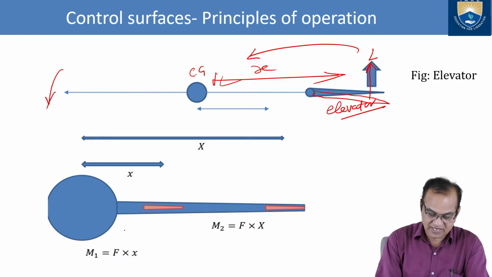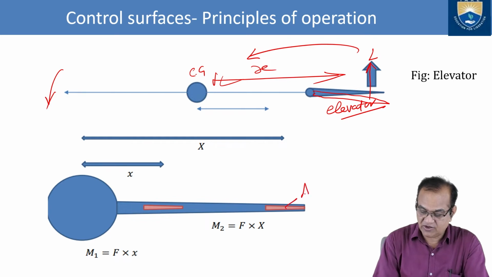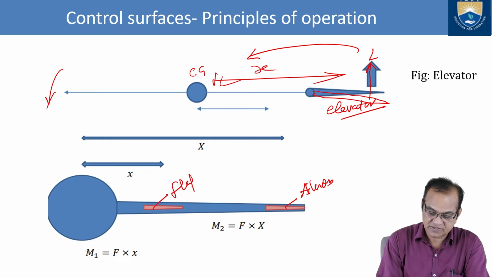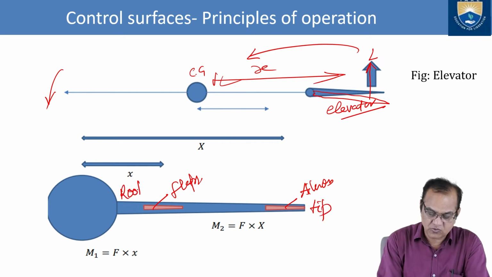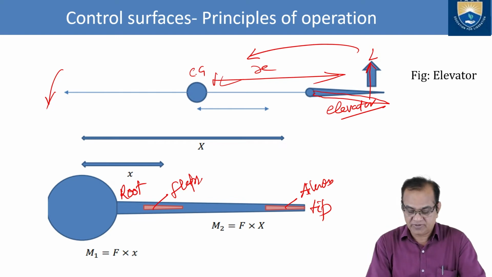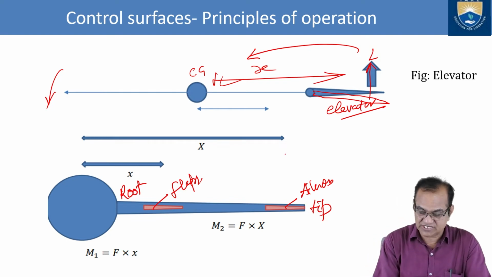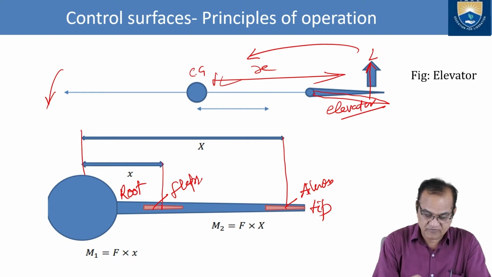Like this, if you see here, it is the fuselage and this is the wing. Here we have the ailerons and these are the flaps. This is called the tip of the wing and this is called the root of the wing. So why do we use the aileron at the tip? Because if you see here the distance, this is the capital X distance and this is the small x from here.